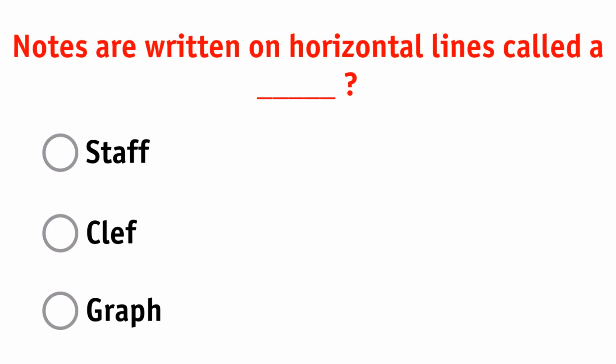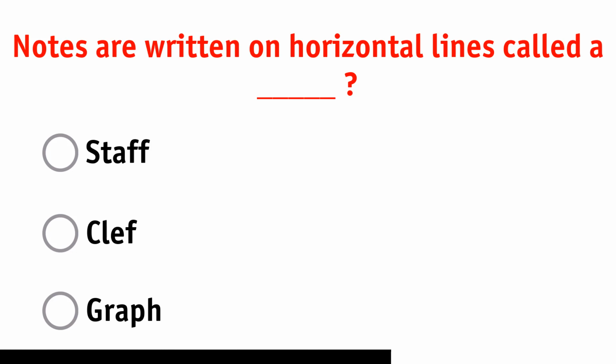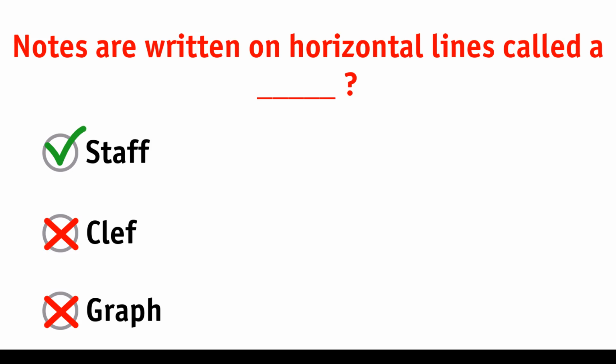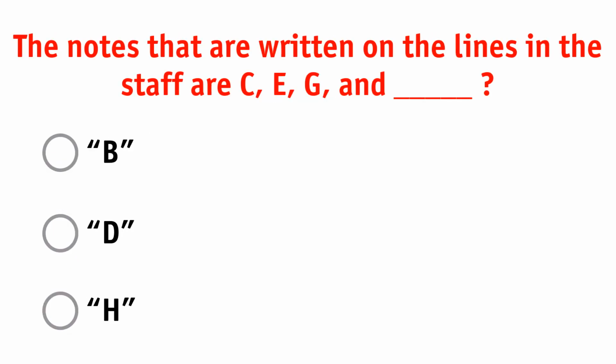Notes are written on horizontal lines called a blank. The notes that are written on the lines in the staff are C, E, G, and blank.